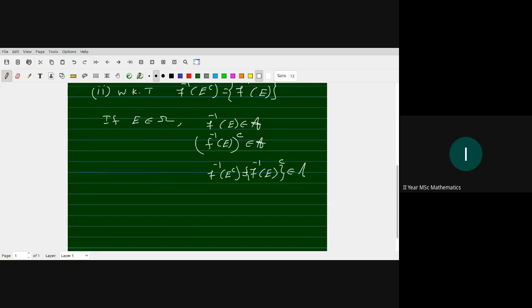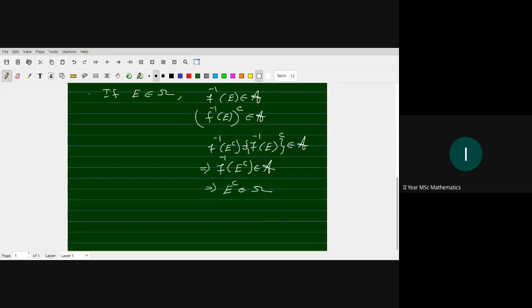So where is this? It is in A. So what do we get? f inverse of E complement belongs to A. So by the definition, E complement belongs to omega. Right? This is Roman numeral 2.